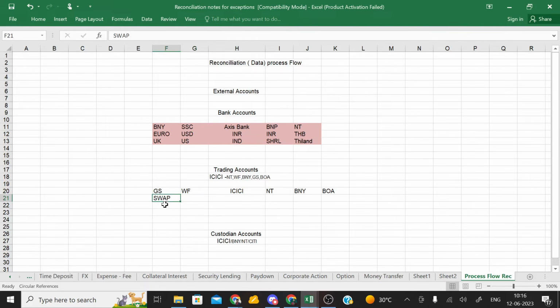So all swap contract details are maintained by Goldman Sachs, right? Holding details, stocks, holding and intraday position or margin positions.